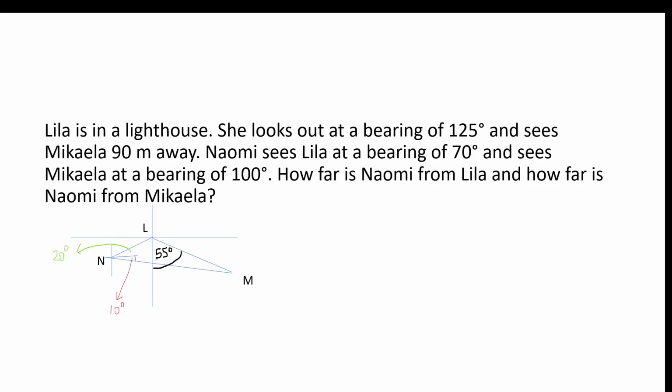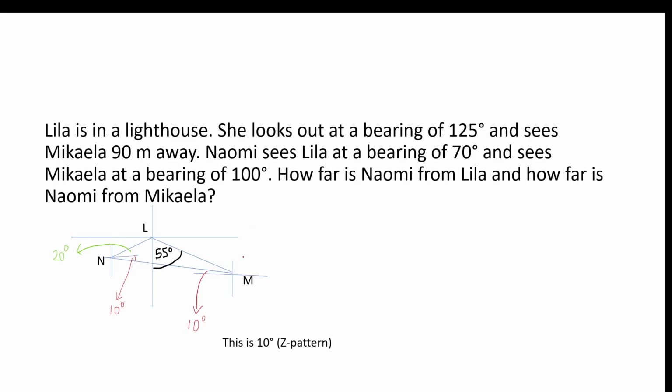So now we are going to use a little bit of common sense. From straight up and down to seeing Lila, Naomi has a 70-degree angle. Well, that means there's going to be a little 20-degree angle here and a little 10-degree angle here, because there's 100 degrees for her to see Michaela.